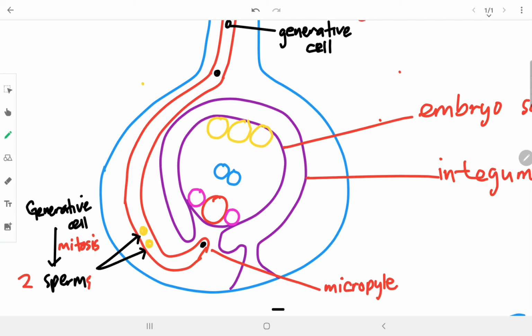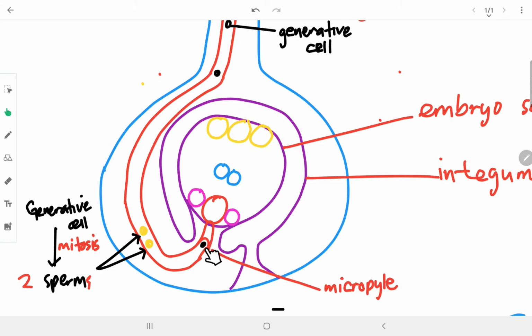Okay, now back to the pollen tube. Now this pollen tube will penetrate the embryo sac. It will penetrate the embryo sac. So apabila sampai di bahagian sini, tugas tube cell ini sudah selesai.